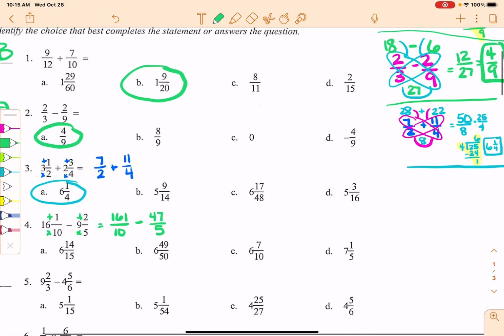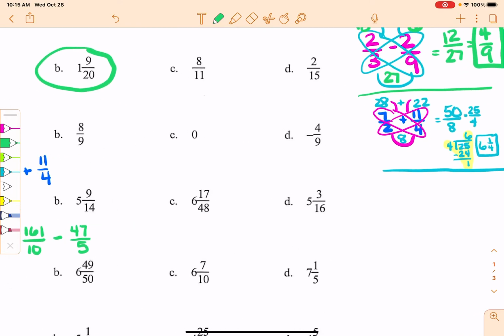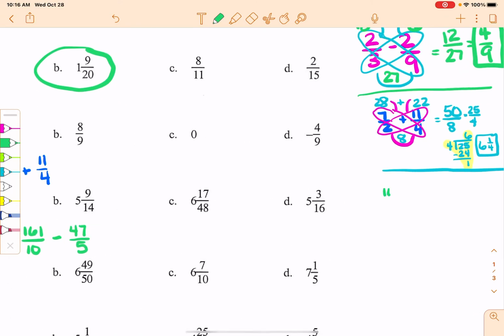Okay, now I'm going to take that and go over and do the butterfly method with it. So let's see, I have 161 over 10 minus 47 over 5. Okay, I'm going to set up my butterfly.